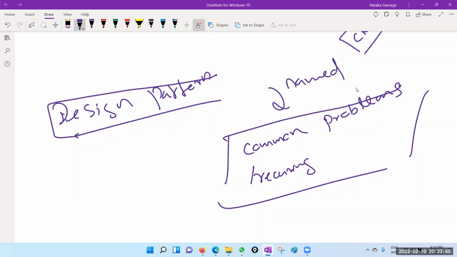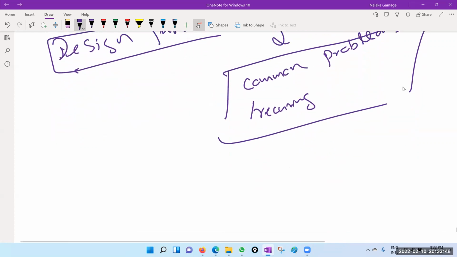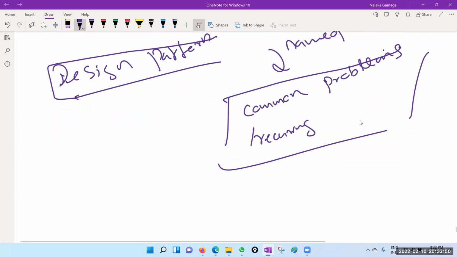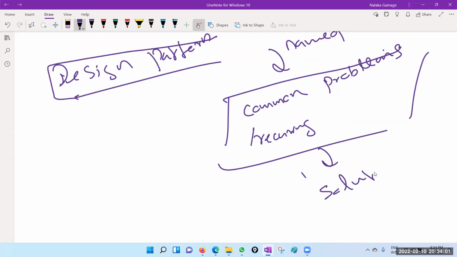We can discuss, rather than explaining the problem, we can just use the name. Not only did they name it, software developers have also come up with solutions for this, and maybe one solution is better than the other. So they name these common problems and they have documented the solution also.